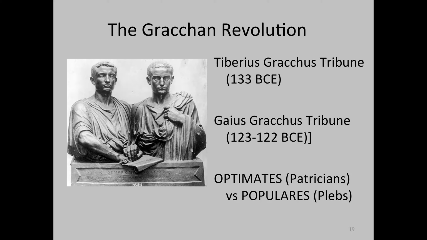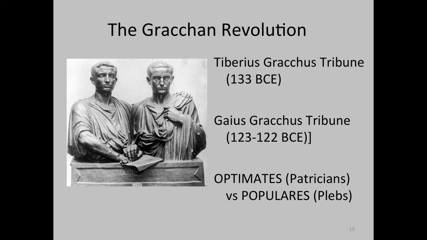He also offered equestrians control of the extortion courts that handled cases of senatorial misconduct in the provinces, misconduct by governors. So the general point is that he is trying to carve out a space for the equestrians in the system. The tradition was that senators occupied these positions as tax collectors.